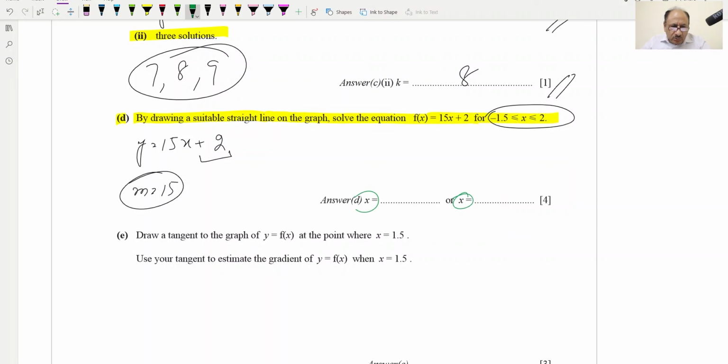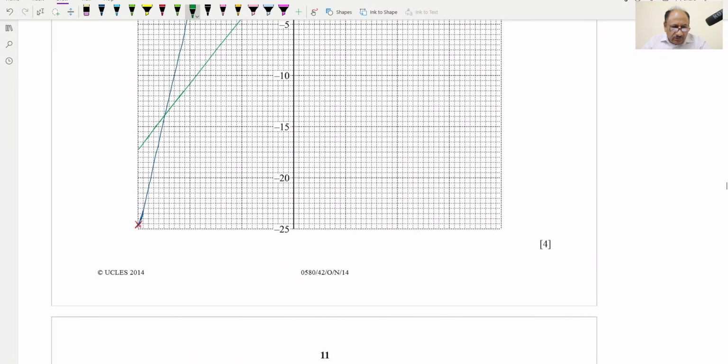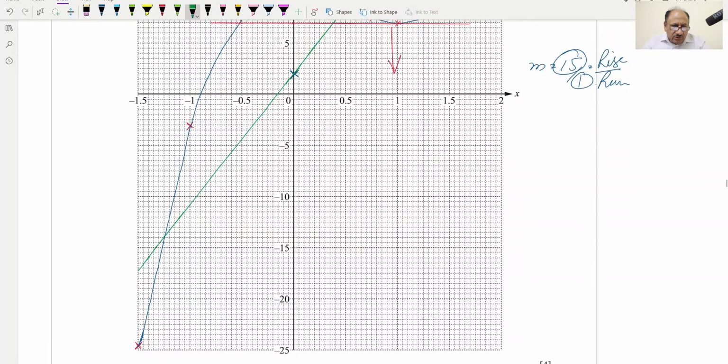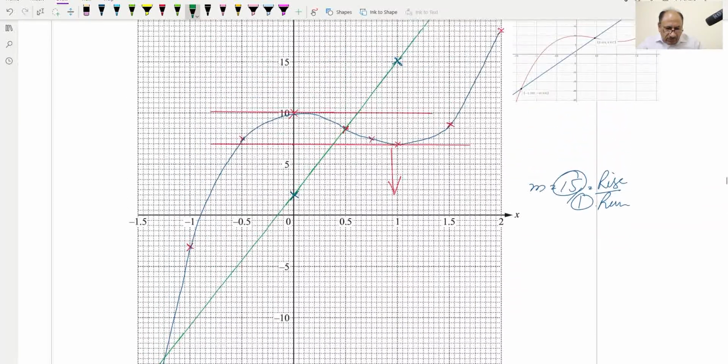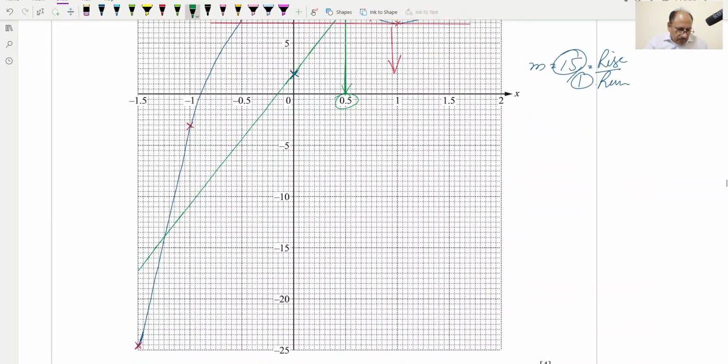What are these two x values that we can check from the graph, and these two x values will be, first value is this interception, which is 0.5. You can see this point 0.5, and the second value is we can draw the reference over here.